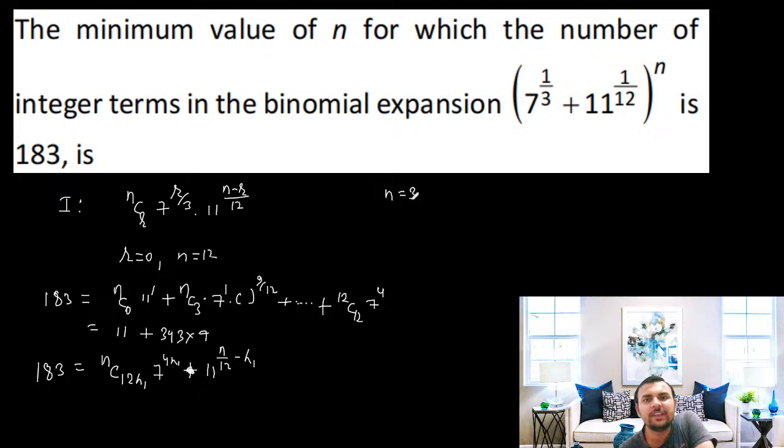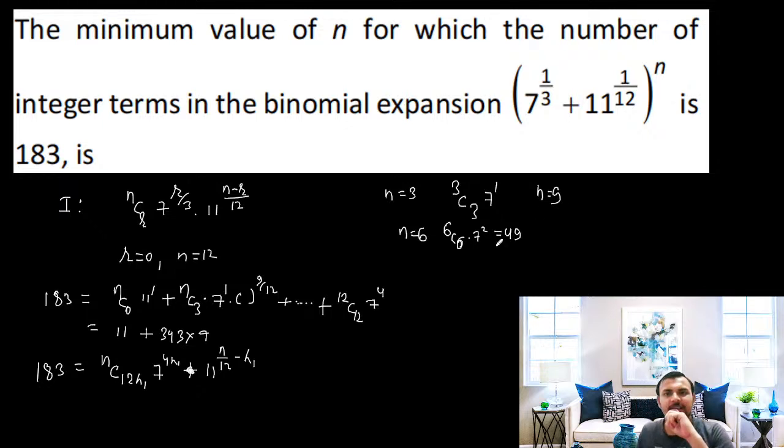N equal to 3 if we take, so 3C3 7 to the power 1, which is not, n equal to 6, 6C6 7 square, 49, n equal to 9, it will go 183. So 7 n equal to this, n equal to 7.